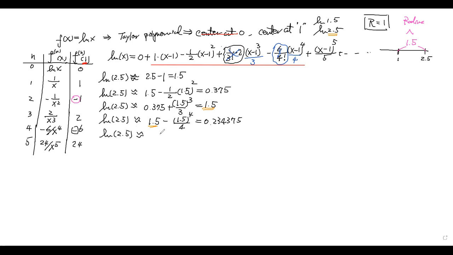Okay, so the next term will be 0.234375. Then my next term will be the 5, right? So x minus 1, 2.5 minus 1 is 1.5, to the fifth power, correct? So what is this number?